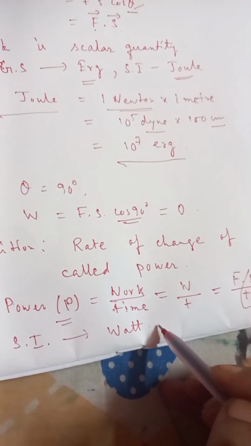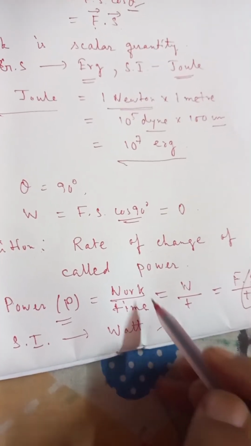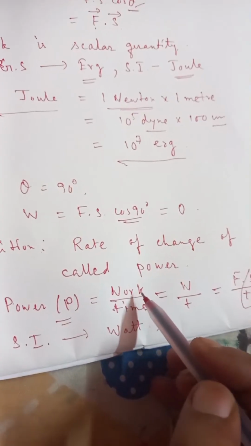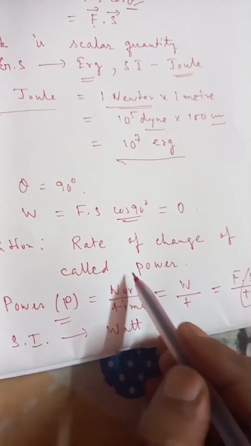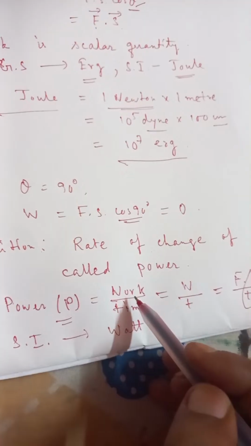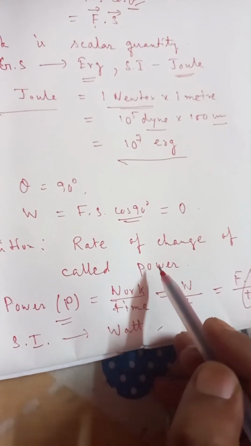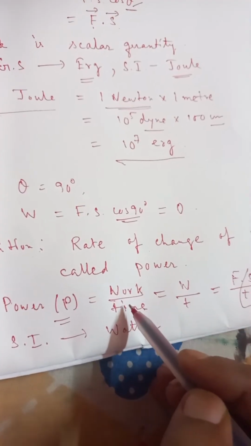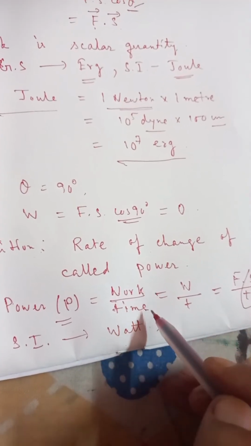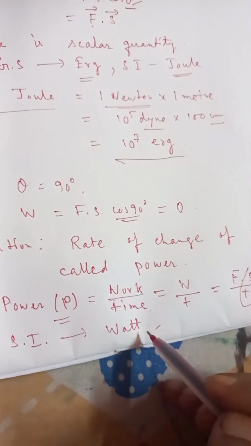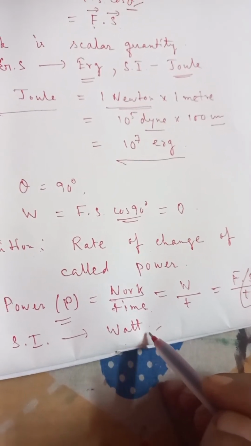This is the definition of watt: if any object performs work of 1 joule in every 1 second, then its power is called watt.